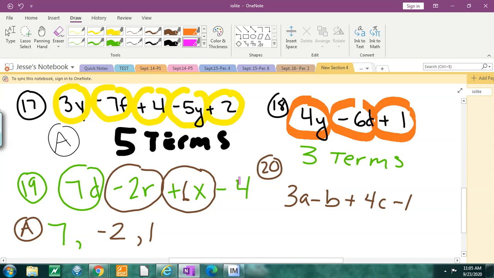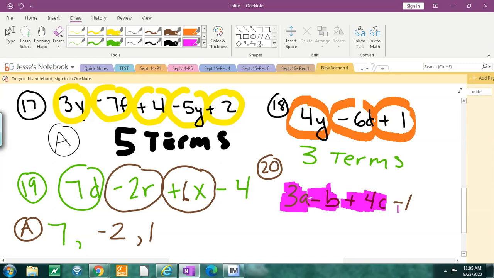So here's your first one. Does that constant mean no variables? 3a. Oh, it has a variable. Sorry. Negative 1b has a variable. Sorry. How about 4c? No, it has a variable.